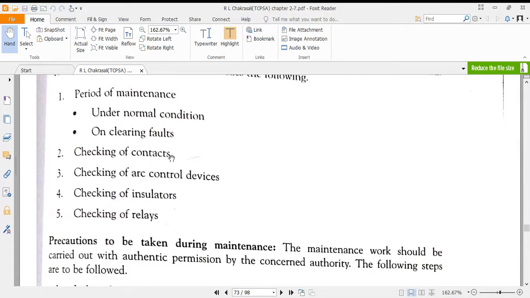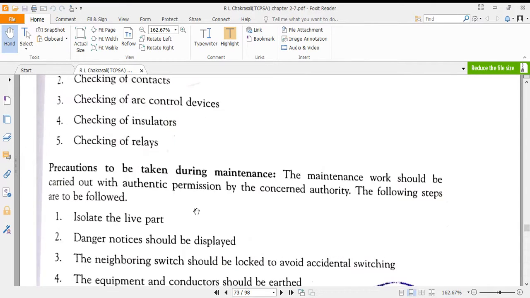If there is any oxidation on the contacts, then we observe trouble. Checking of the arc control devices: arc control devices means quenching media, maybe gas, forced air, or oil. Checking of the insulators, checking of the relays. All these things are done as per the maintenance schedule.